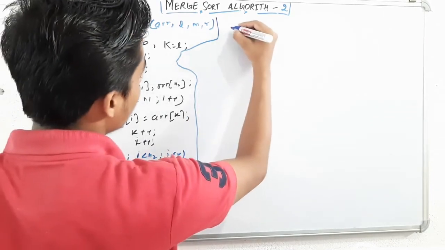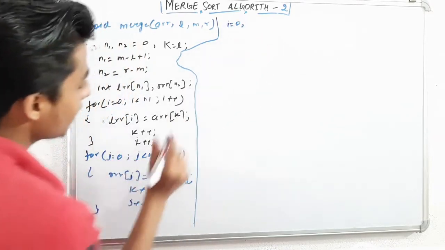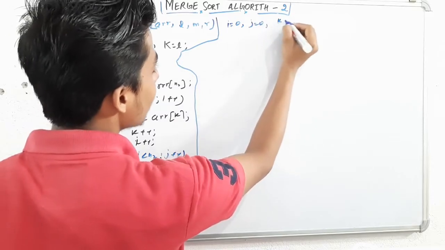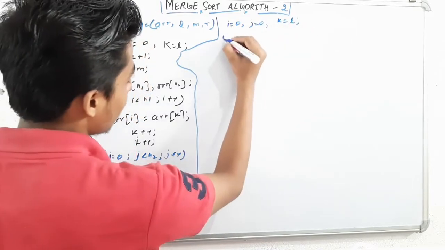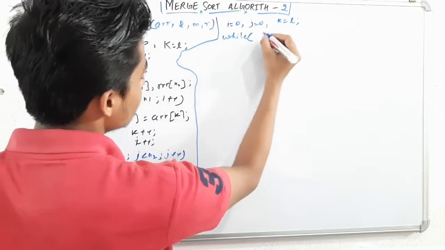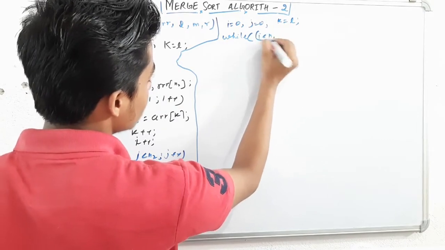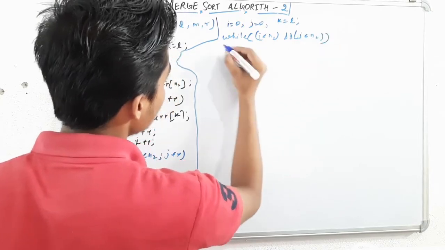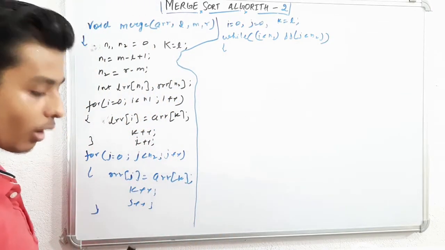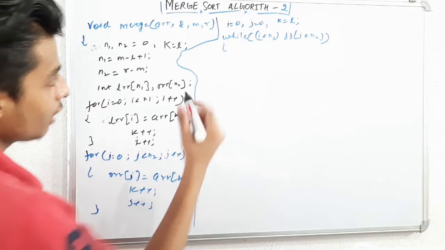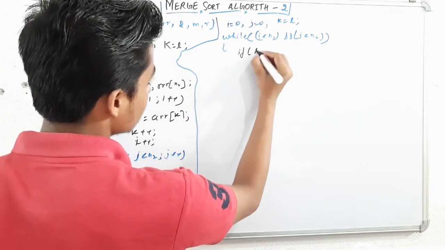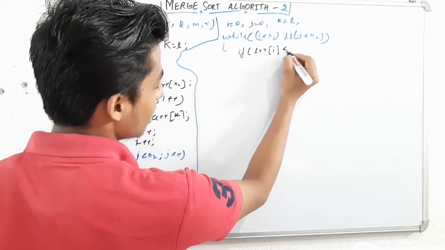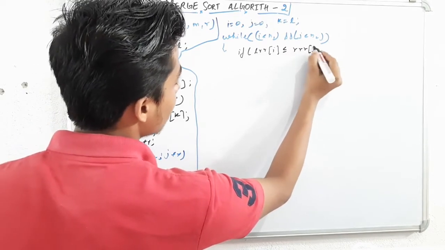I am going to make the value of i as 0, j is 0, and k again L. Then I will be using a while loop here. The condition should be, as we have discussed already, that i should be less than n1 and j should be less than n2. Inside this while loop, we just need to compare the elements at the ith position in LRR and at the jth position in RRR.